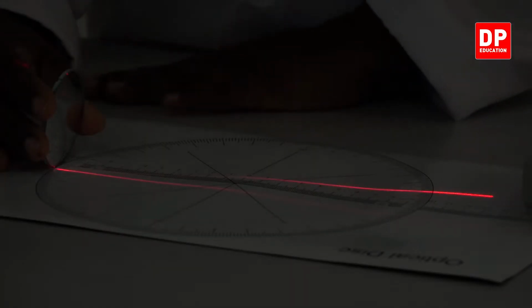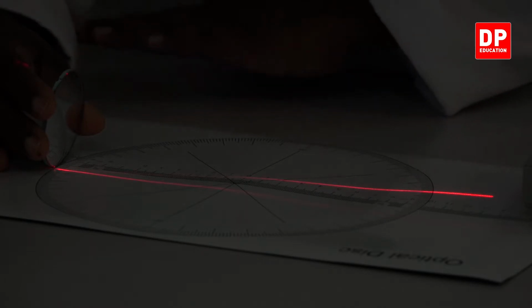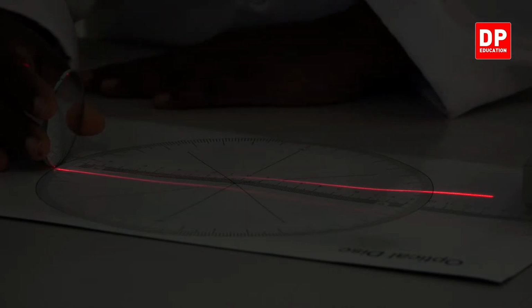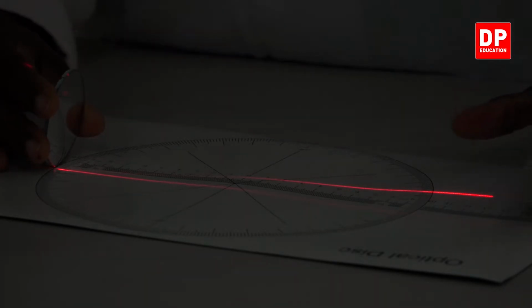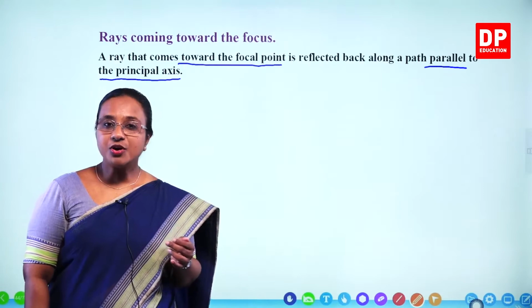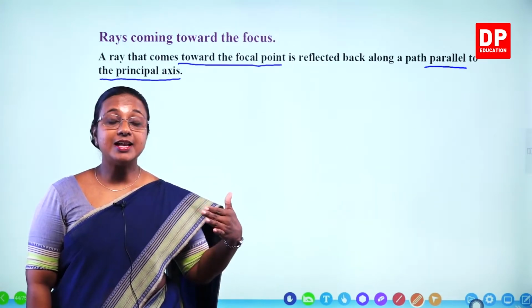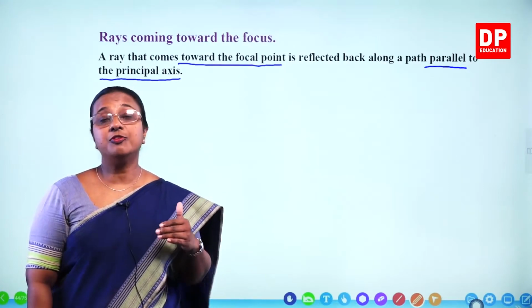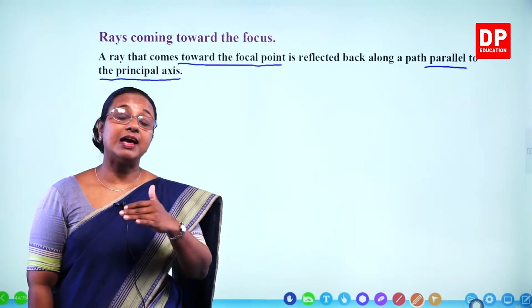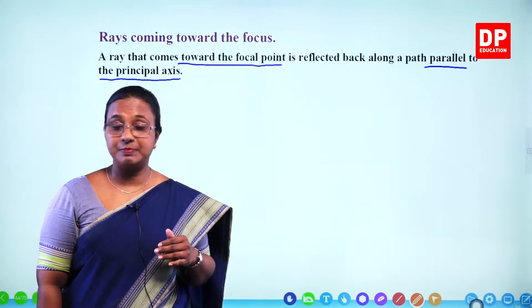A ray going through the focal point gets reflected parallel to the principal axis. Okay, so you all saw how the rays are reflected back. The rays that are coming along the focal point reflect back parallel to the principal axis.